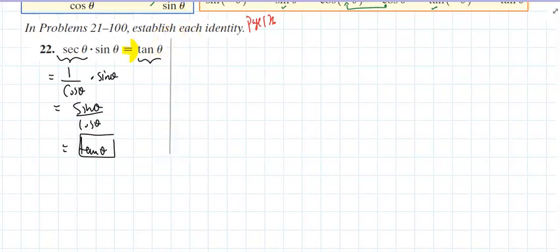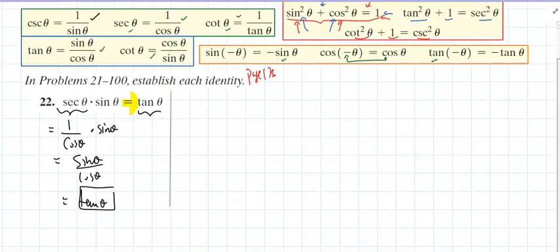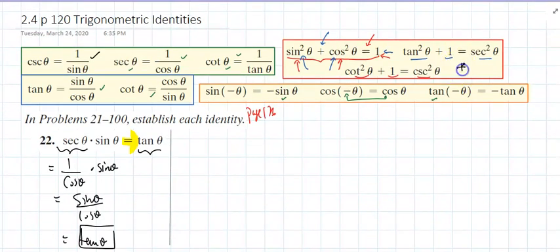Now, problems in identities, depending on the section. In this section, there's one of two things you look for. Either you look at the identities and figure out, are they squares or are they not squares? If they are squares, then I'm going to use the Pythagorean identity, and that would be those three.